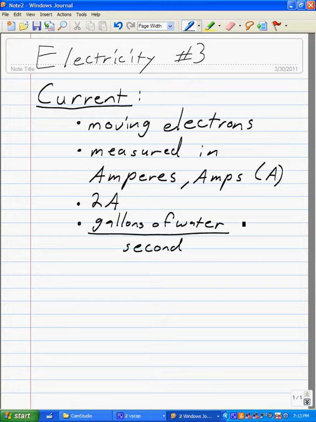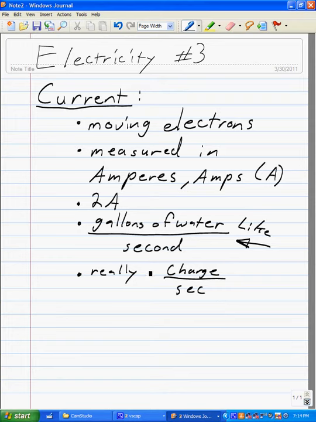So again, it's like that with our water analogy, but it's really the amount of electric charge per second. So that is what an ampere is.